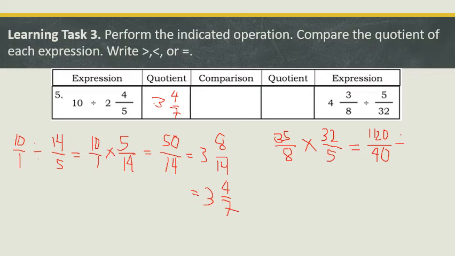So, ito po ay pwede nating i-divide sa 40. So, 1,120 divided by 40 is 28. 40 divided by 40 is 1. So, ito po ay equivalent sa 28. So, mas malaki yung 3 or yung 28. So, syempre yung 28.